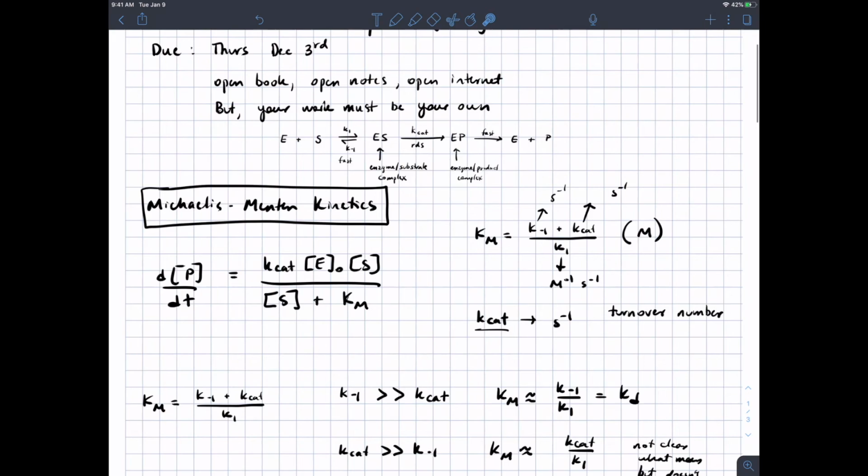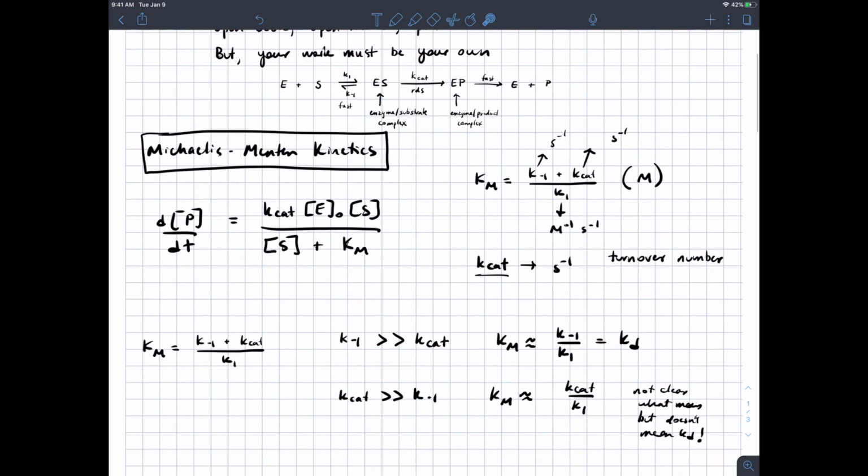And interpreting the Michaelis constant can be difficult. If the rate of going back, enzyme substrate dissociation, is very much faster than the rate of converting substrate into product, then the Michaelis constant resembles the binding constant between enzyme and substrate.